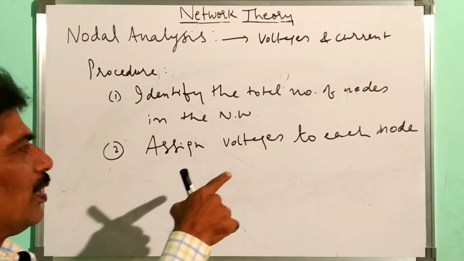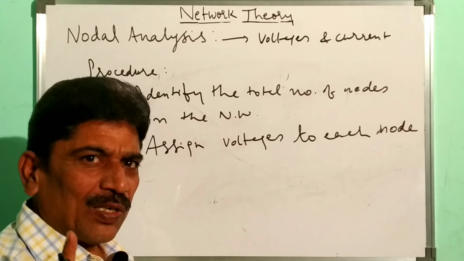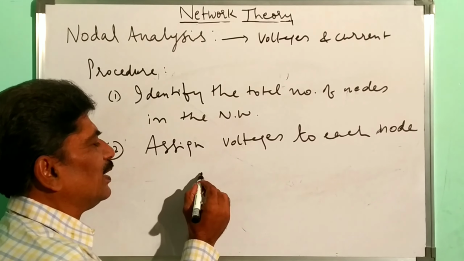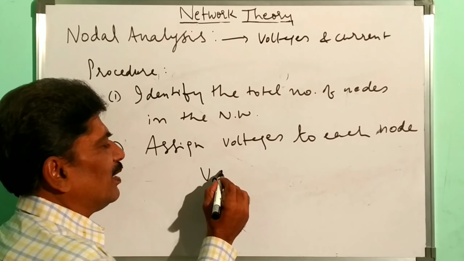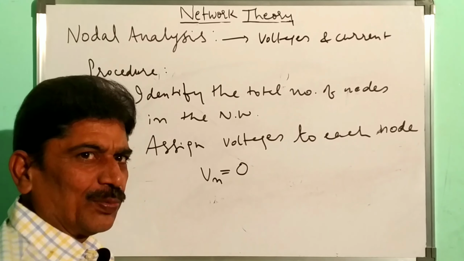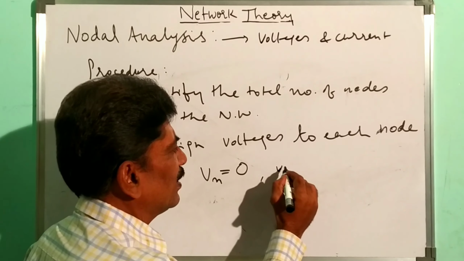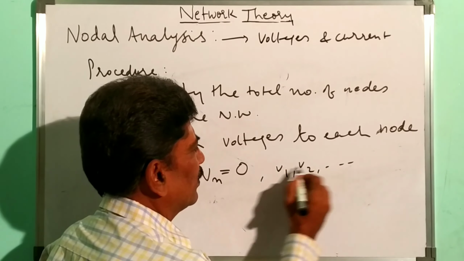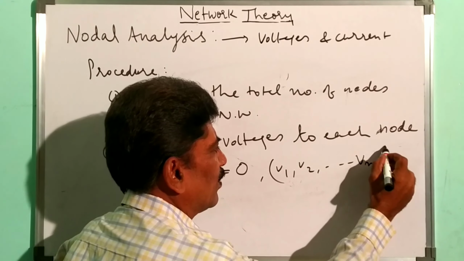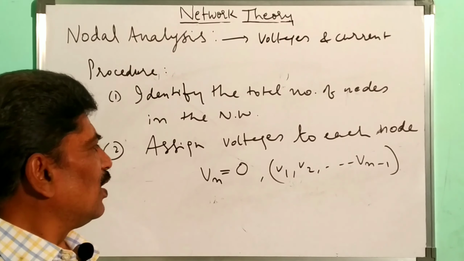Out of these principal nodes, one node is treated as a datum node. For the datum node, its potential is assigned 0, whereas the remaining nodes are assigned V1, V2 and so on. If there are n nodes, there will be n minus 1 such nodes. This is the way of assigning voltage to the nodes.